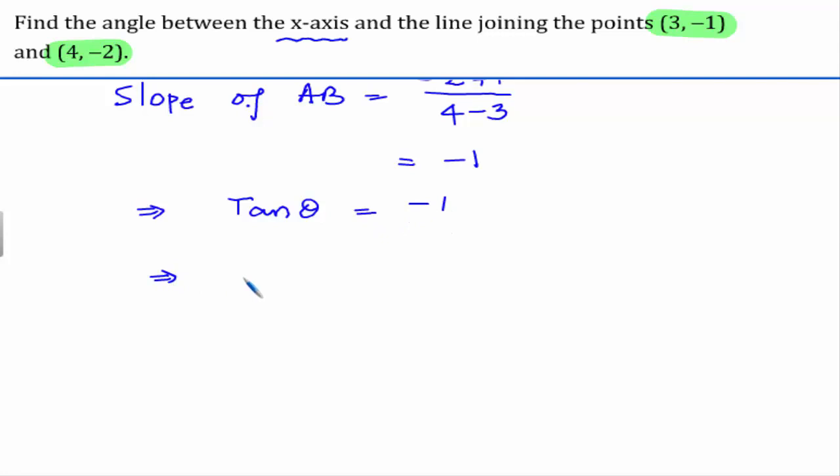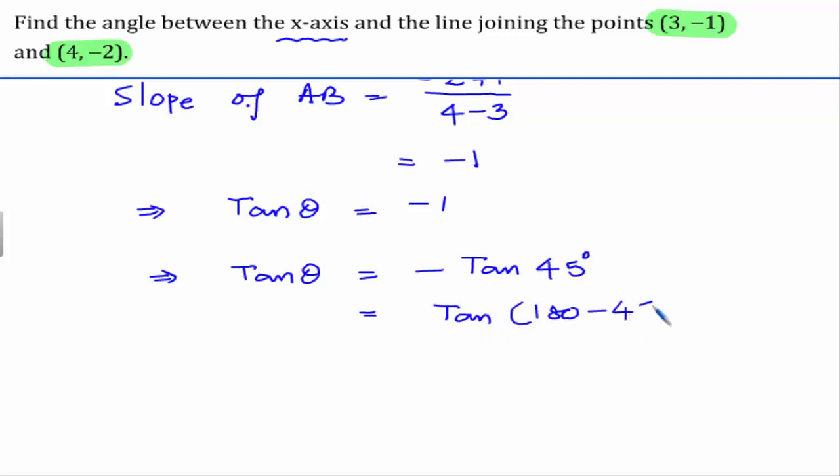As we all know the trigonometry very well, tan theta is -tan 45 degrees, because tan 45 is 1. So this can be written as tan(180 - 45) degrees, because we know that tan(180 - theta) is -tan theta. So this will be tan 135 degrees.